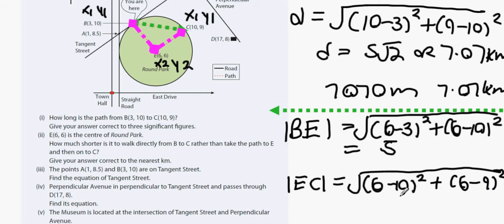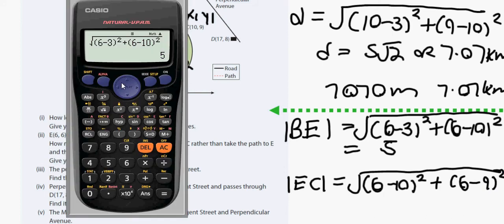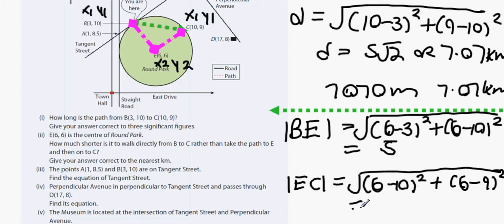Okay, so once again we're going to put this into the calculator. Quick change around on our figures here. 6 minus 10 squared and 6 minus 9 squared. And this also turns out to be 5. So what we know is that EC and BE are actually the same length.